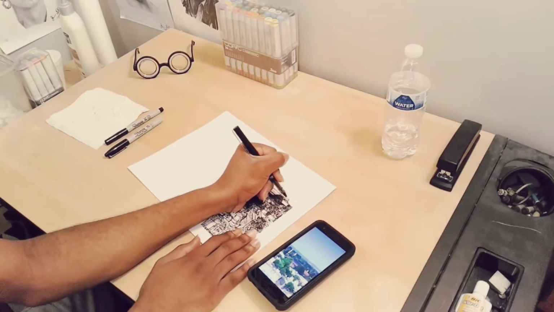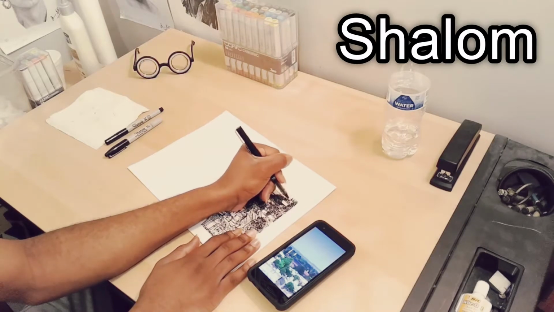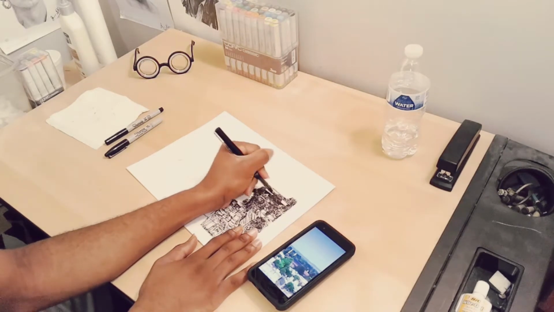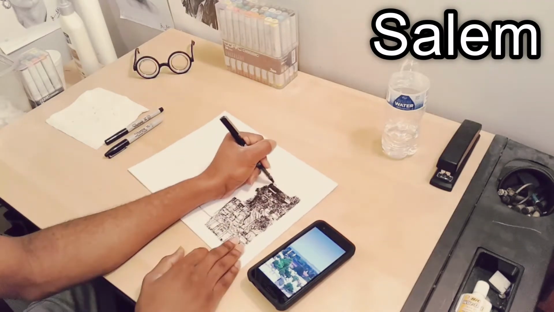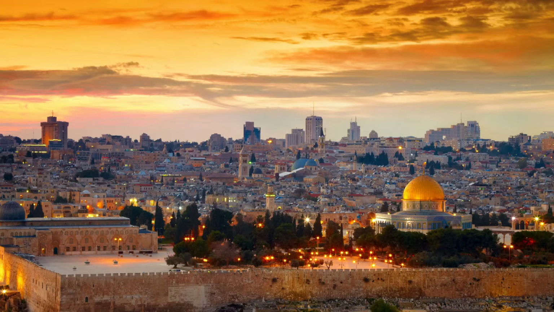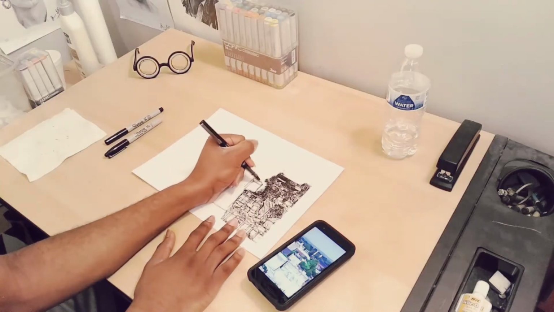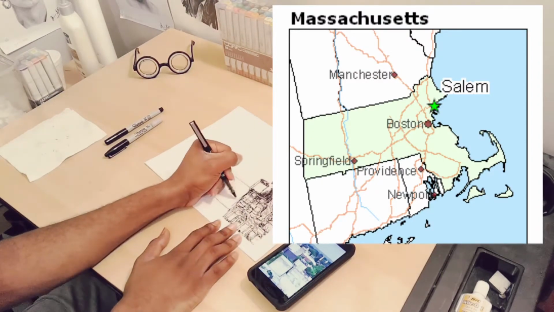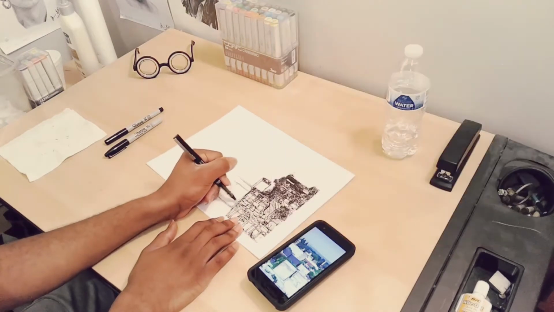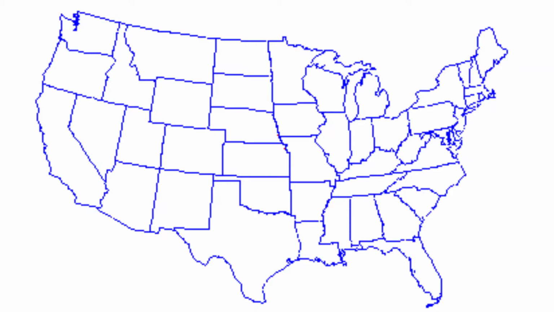The word shalom, meaning peace, was suggested. The name Salem might have come from the last 5 letters of Jerusalem, or the town in Oregon might have been named after the one in Massachusetts, which is on the other side of the contiguous U.S.